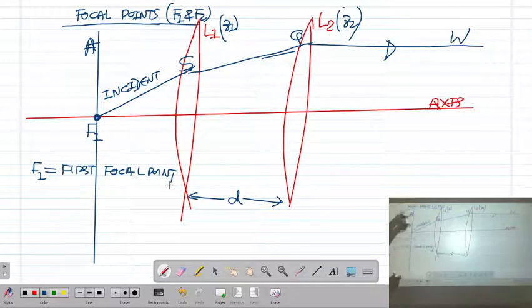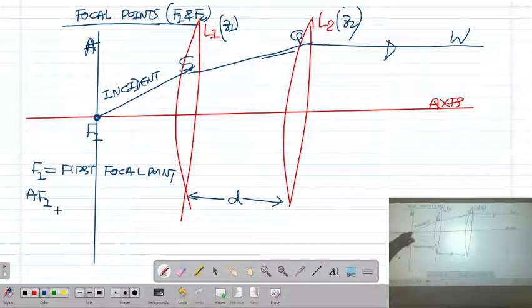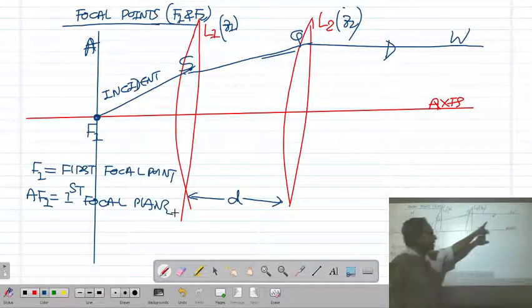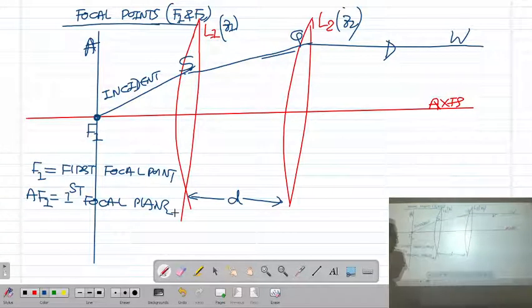The plane AF1, which is perpendicular to the axis and passing through point F1, is called the first focal plane. F1 is the first focal point, and plane AF1 passing through F1 and perpendicular to the axis is called the first focal plane.